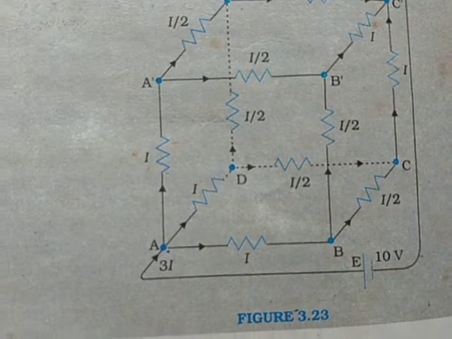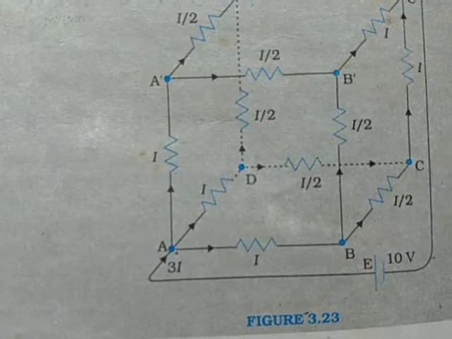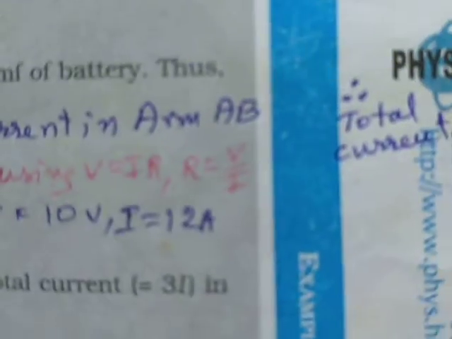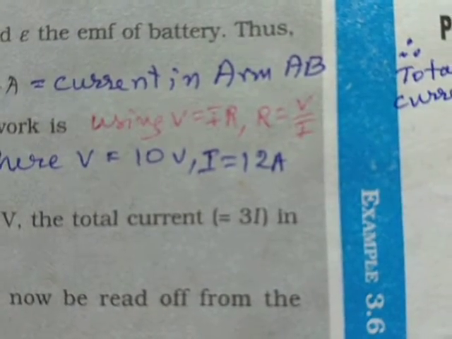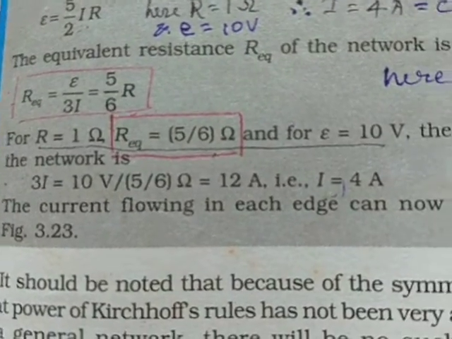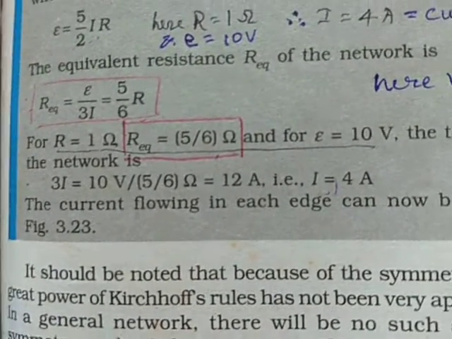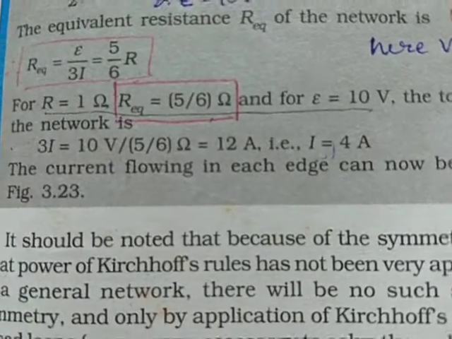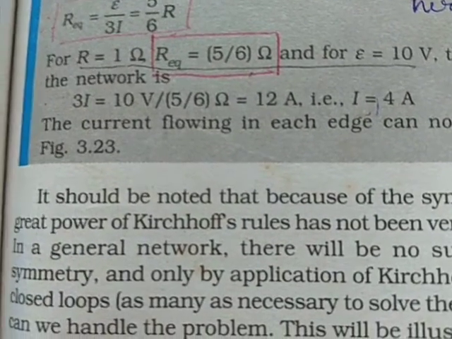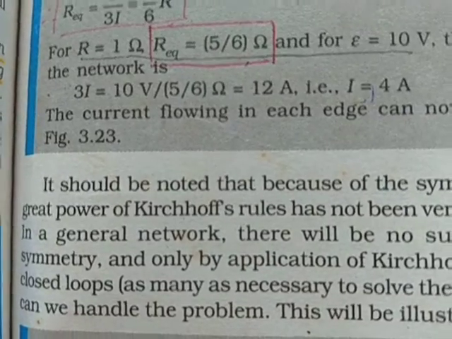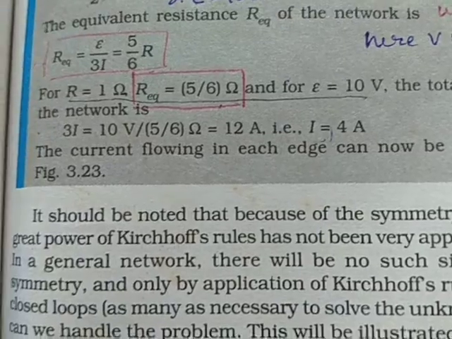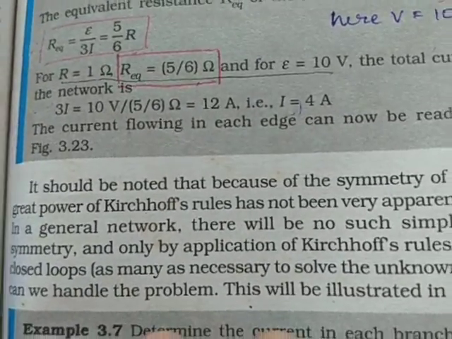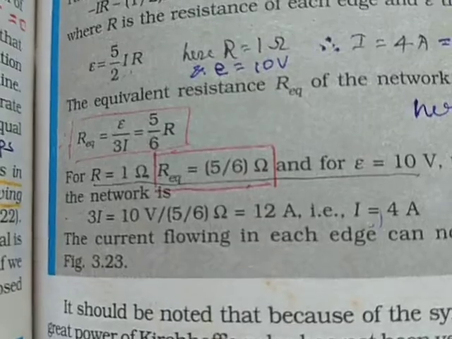The voltage of the cell is known to us, so using the relation V is equal to IR, we have R is equal to V by I. So the equivalent resistance becomes V, that is 10 volt, divided by 12 ampere, and that becomes 5 by 6. So the equivalent resistance becomes 5 by 6 ohm.